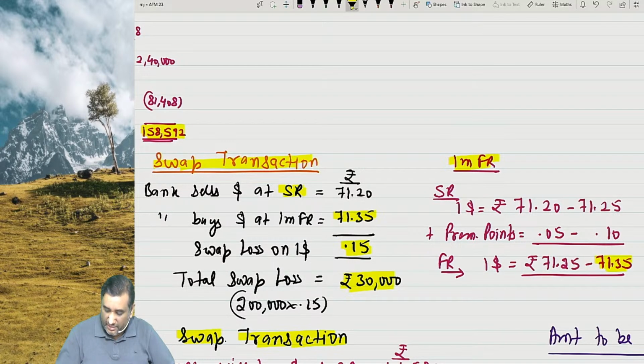This is basically the calculation of the rates. And then total inflow and outflow you can calculate. It's an exporter, so you'll get inflow minus interest minus what? Done.